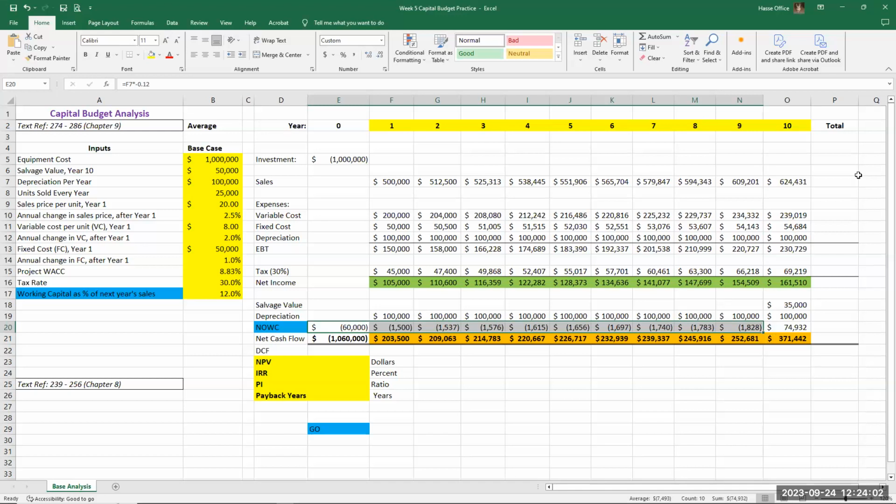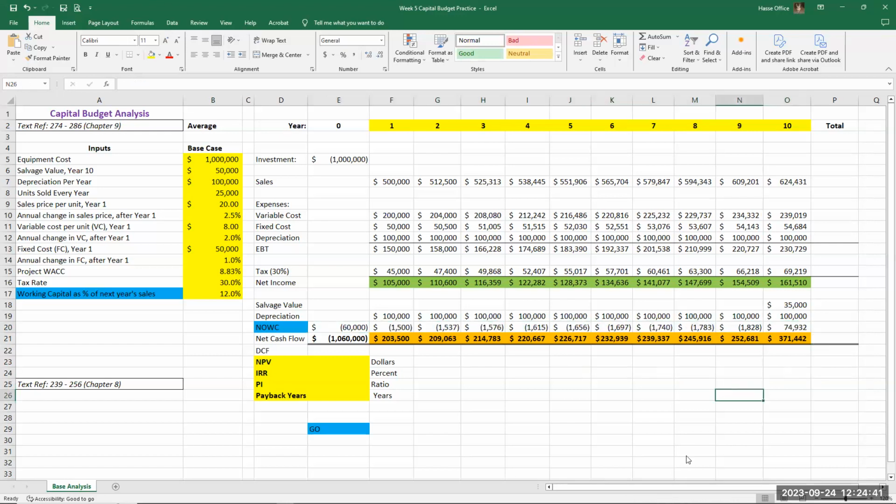With no more need for working capital, we add all that back in year 10. Thus, the net is 0. Just a quick note: your working capital at the end of every project should sum to 0. You're going to have these negative numbers in the years because revenue is increasing, thus your demand for working capital. But at the end of its life, when there's no more use of this as far as calculating or budget analysis is concerned, then we have to add it all back in to zero it out.